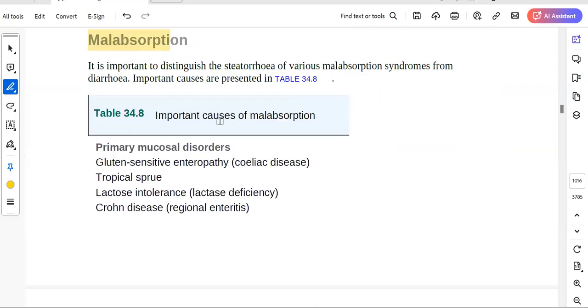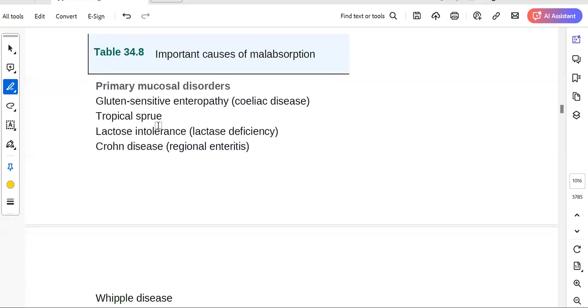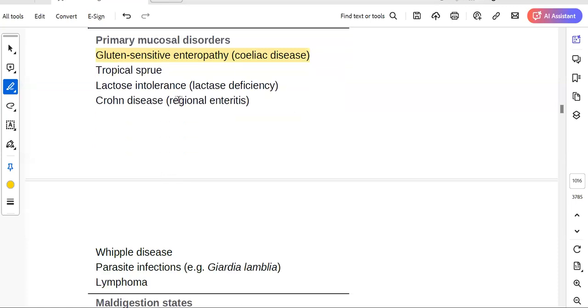Malabsorption. One of the causes of chronic diarrhea is malabsorption. Malabsorption means that from the bowel or the intestine, the food or nutrients are not getting digested. There are lots of causes of malabsorption. One of the most important causes is celiac disease, which is a gluten-sensitive enteropathy.